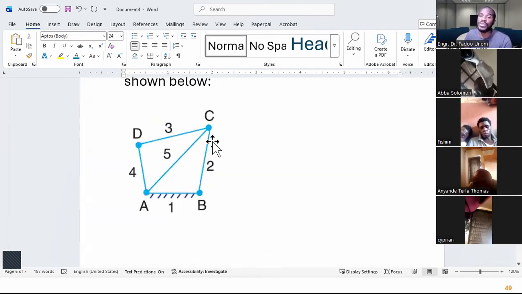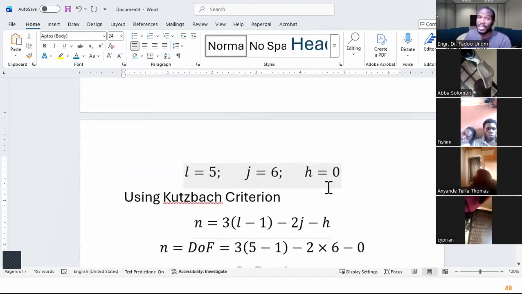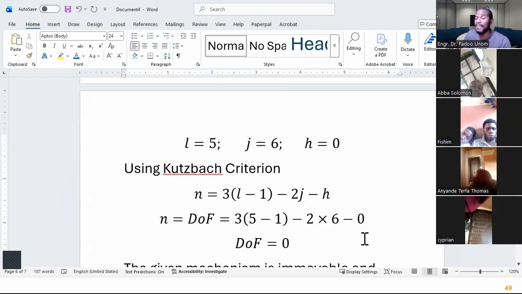The first thing you need to do is to identify or deduce the parameters that you need: the number of links, the number of binary joints, and the number of higher pairs, right? And then we plug those into the Kutzbach criterion, which states that the degree of freedom of a given mechanism is given by this equation: 3 into (L minus 1), minus 2J, minus H. Plug in your values and evaluate them.